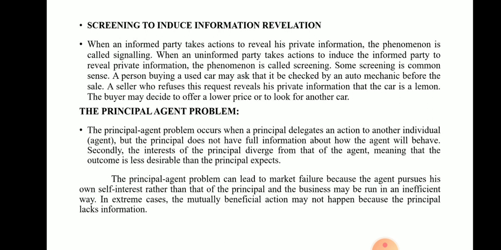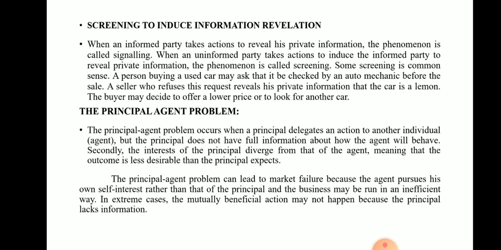Now, let us discuss another concept, that is the principal agent problem. The principal agent problem occurs when a principal delegates an action to another individual, that is the agent, but the principal does not have full information about how the agent will behave.